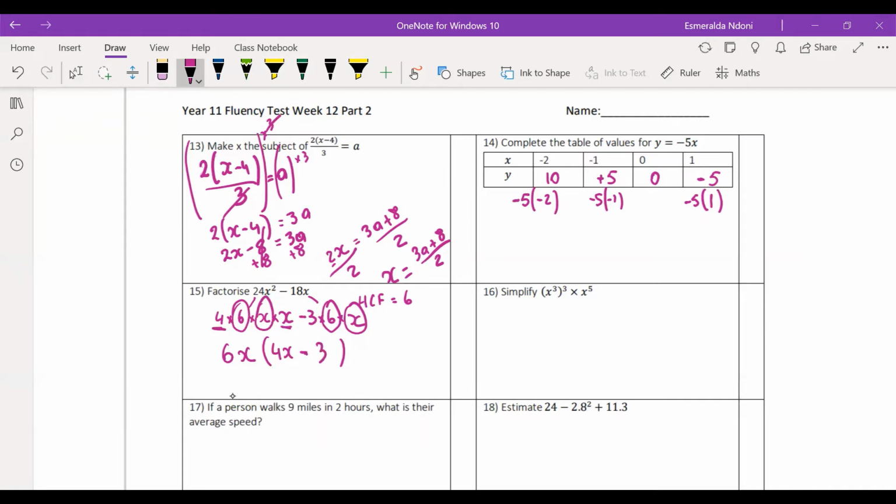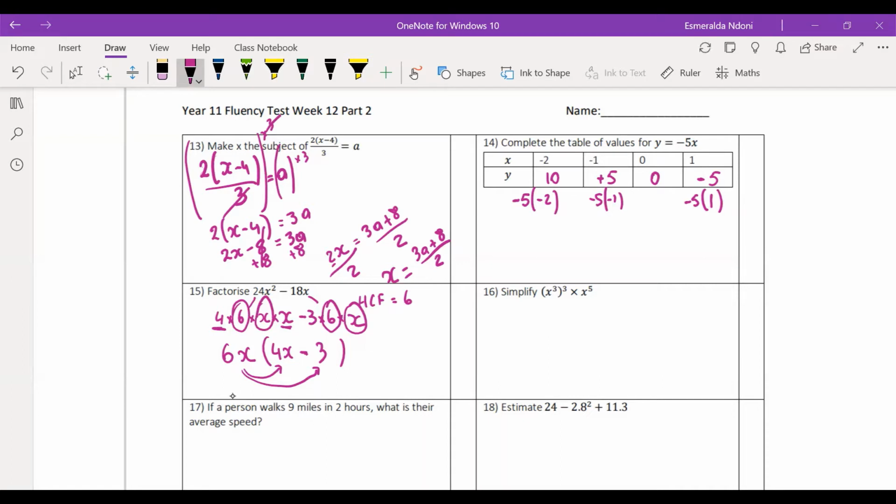You have factorized it. You can check by expanding if you've got it right. So 6x times 4x gives me 24x squared. And 6x times negative 3, if you multiply them, gives me a negative 18x. So I must have done it right.